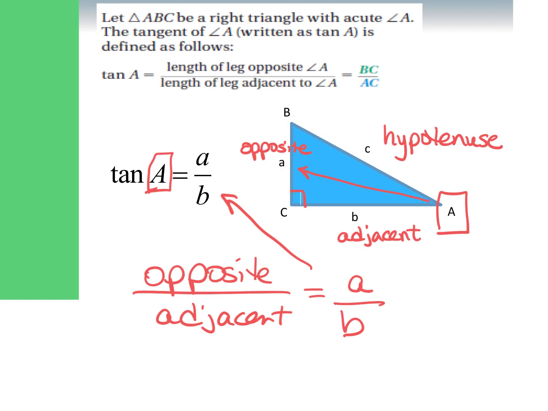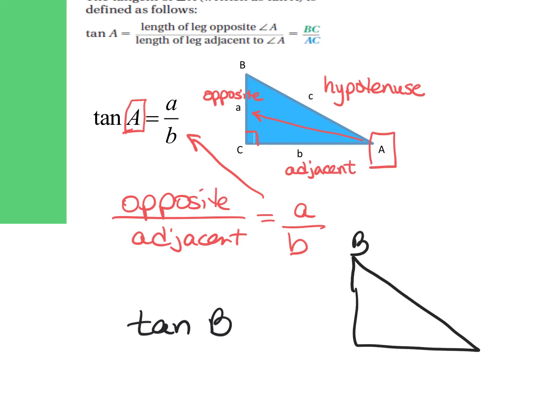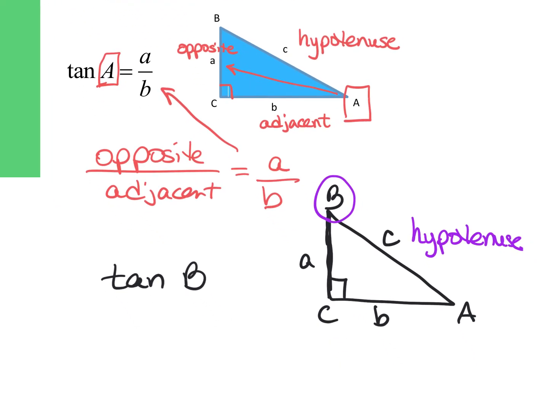Now, we will never find the tangent ratio for the right angle. Let's say instead they wanted us to find the tangent of angle B. Now that I've changed the angle, I need to change the labels on my sides as well. So now that they want me to reference angle B, I'm still going to put in the label of the hypotenuse over here on C. But now that I'm talking about angle B instead, the side opposite to angle B is now little b.